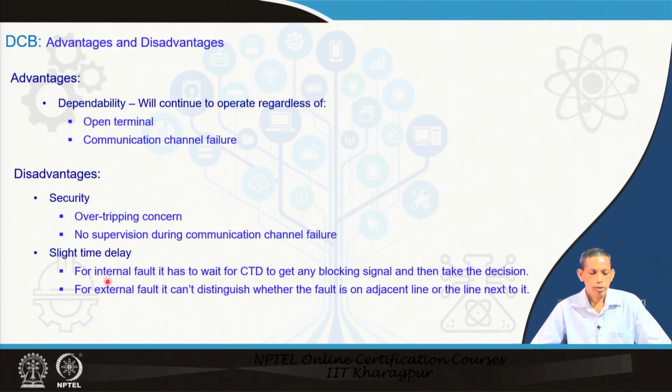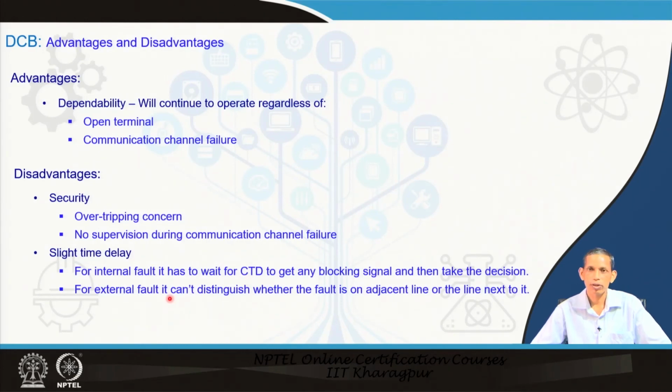As for the delay, for an internal fault it has to wait for the CTD to get any block signal and then take the decision. If the block signal does not come within 50 milliseconds or so, only then will it operate. For an external fault, it cannot distinguish whether the fault is in the adjacent line or in the line next to it. For an internal fault it has to wait, because the block signal will not come, so that is why this 30, 40, 50 millisecond CTD time delay will be there.